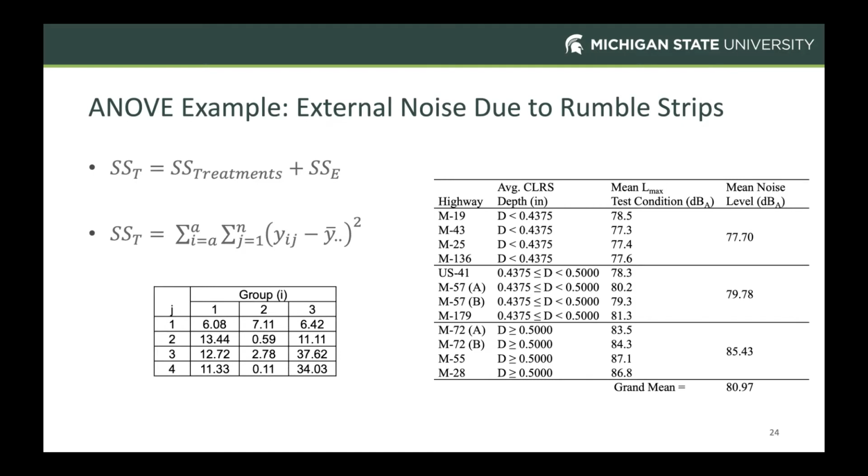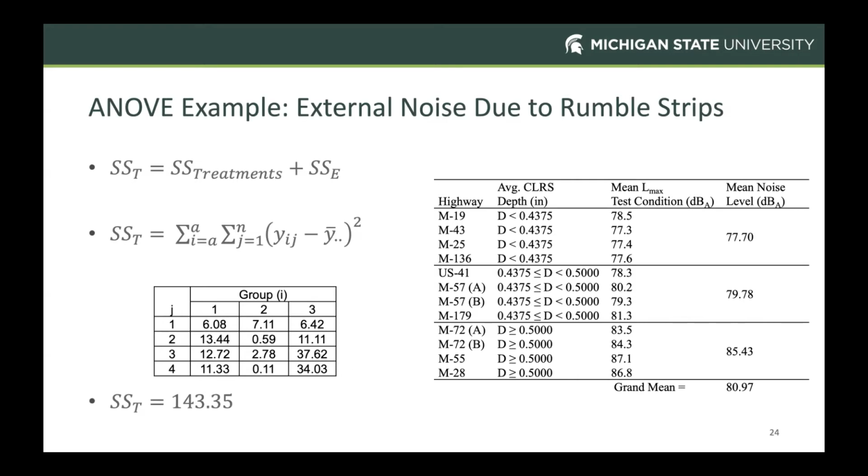And so I'm showing the intermediate calculations for this respective quantity here in parentheses. And so, for example, 78.5 minus 80.97, that quantity squared is what we show right here. Likewise for each of the other calculations across those three groups. And our calculated SST in this case is equal to 143.35.